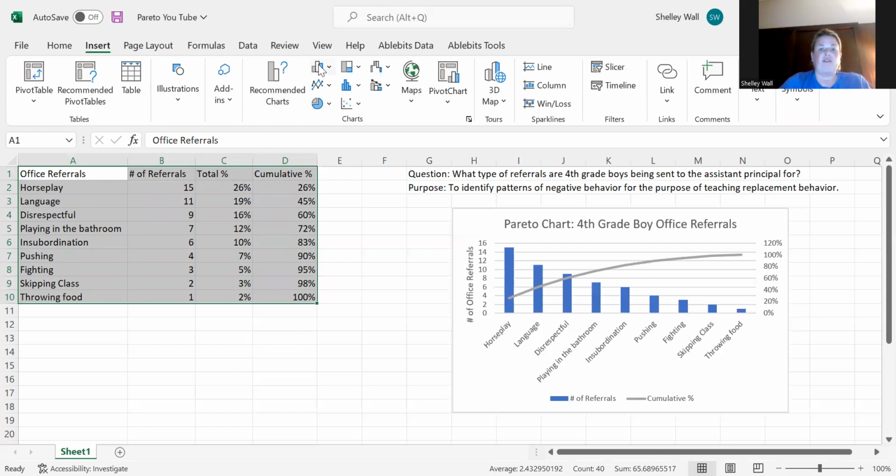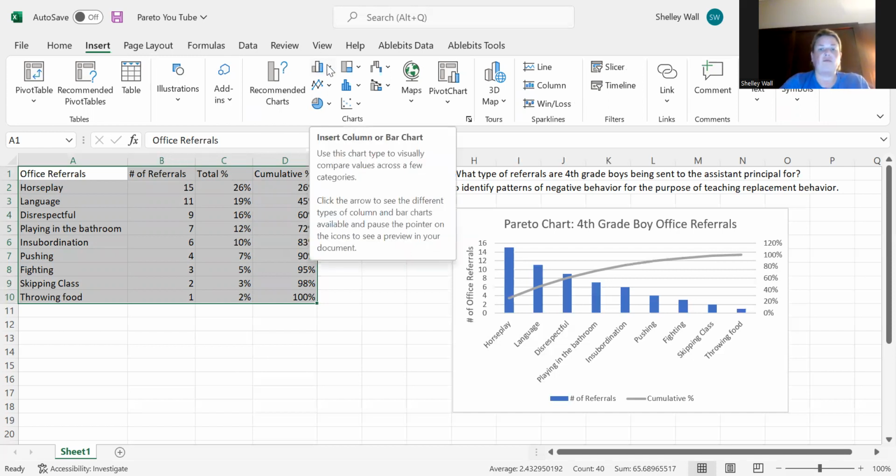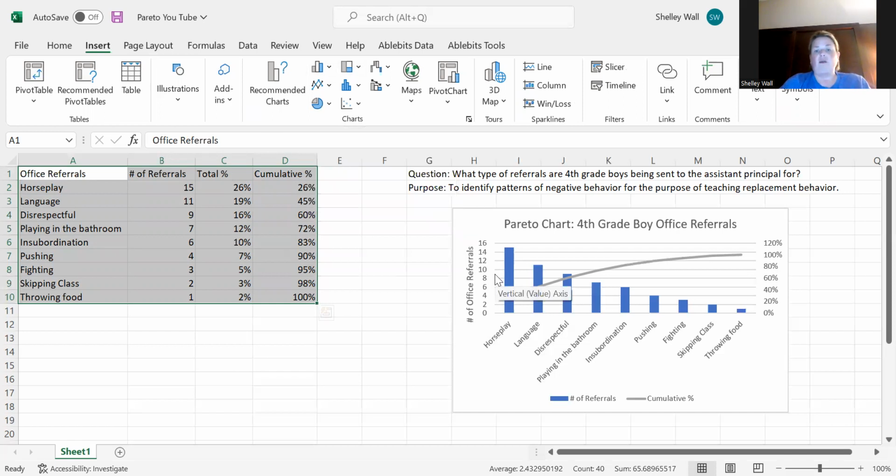We are going to go into bar charts, and then you're specifically going to go into clustered. When you do that, you would have your total office referrals and your cumulative office referrals showing up as touching bars all the way across.